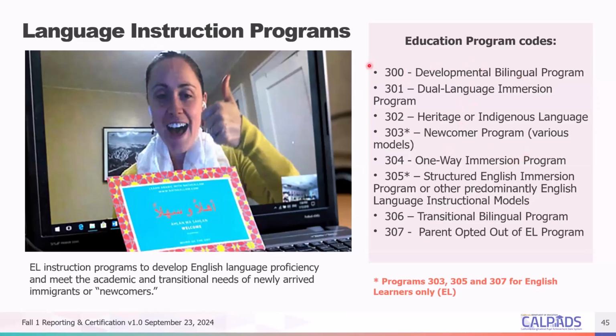If a student who was determined to be EL based on the EL status opted out of the EL program, you mark them as 307. So there's a point of information here. Only 303, 305, 307 and 300 are expected for EL students. And why do we have an asterisk?